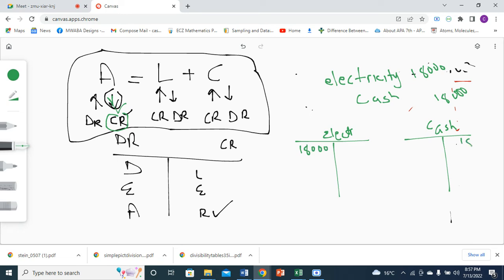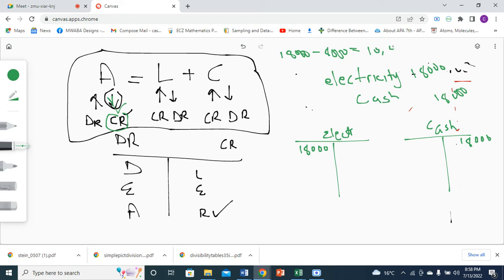The first thing we're going to do, we get the difference between the correct amount and the wrong amount. The correct amount was supposed to be 8,000, not 18,000. So 18,000 minus 8,000, we get 10,000.